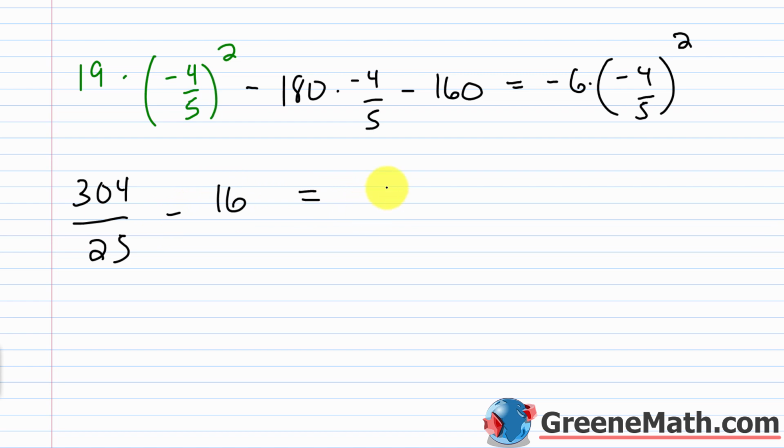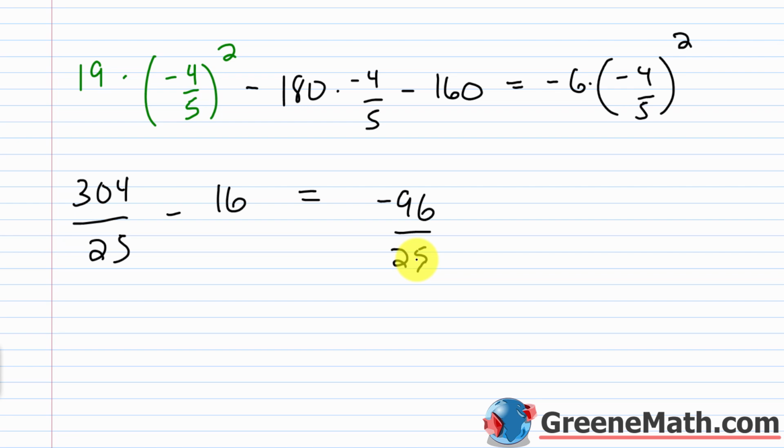This is equal to, over here, if I square this, I'm going to get 16 over 25. So negative 6 times 16 over 25. Negative 6 times 16 is equal to negative 96. You'd end up with negative 96 over 25. So there's two things I can kind of do here.